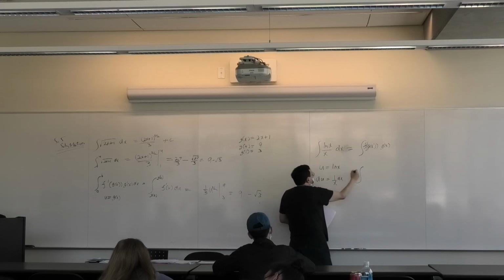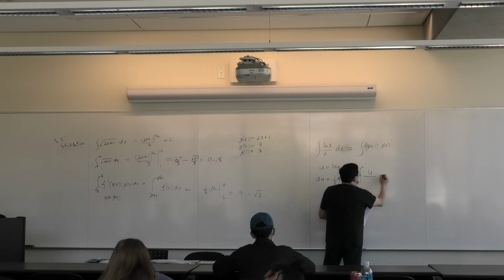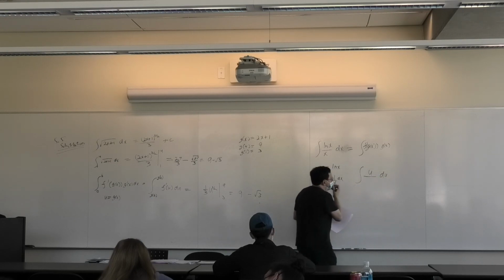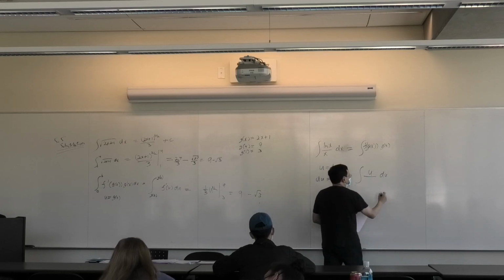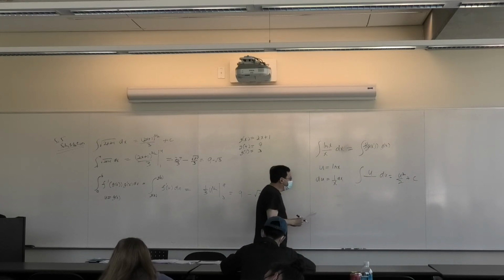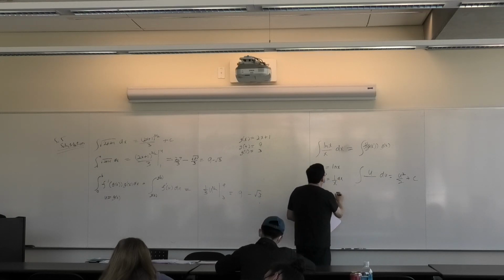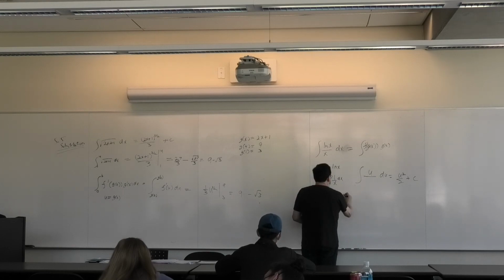Log of x becomes u. 1 over x dx becomes du. And this integral is trivial, right? This is just u squared over 2 plus c. Well, that would mean that the answer we're looking for is log of x squared over 2 plus c.